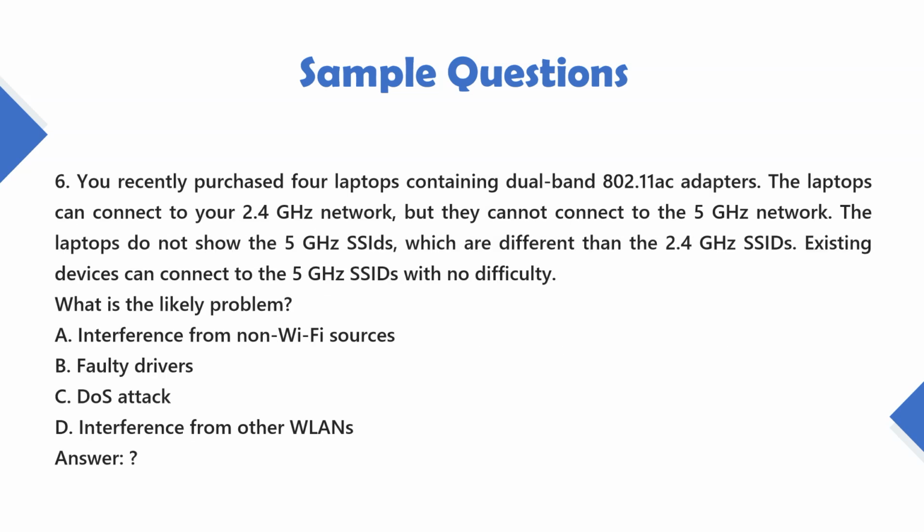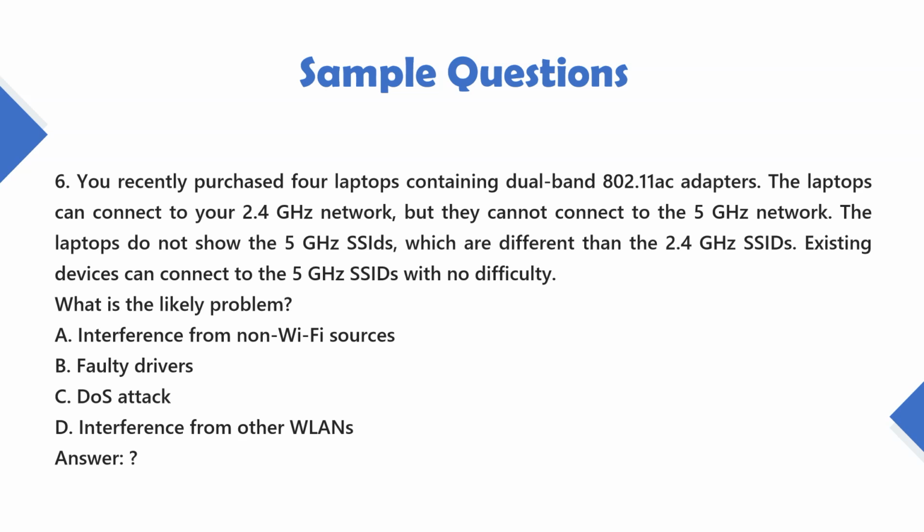6. You recently purchased 4 laptops containing dual-band 802.11ac adapters. The laptops can connect to your 2.4 GHz network, but they cannot connect to the 5 GHz network. The laptops do not show the 5 GHz SSIDs, which are different than the 2.4 GHz SSIDs.